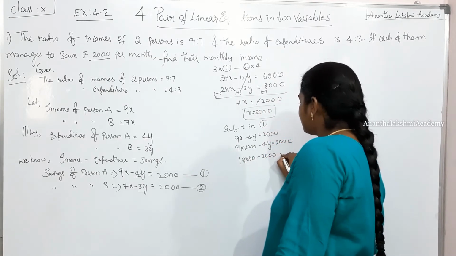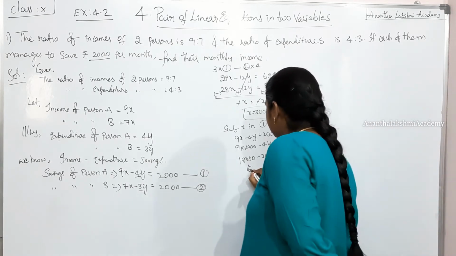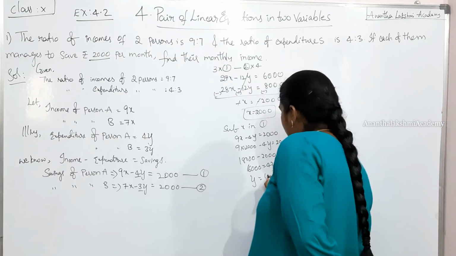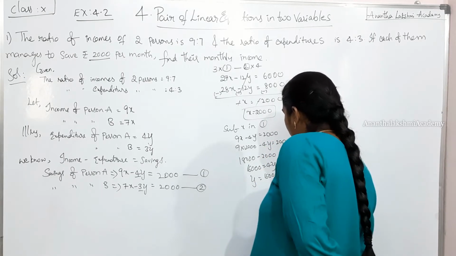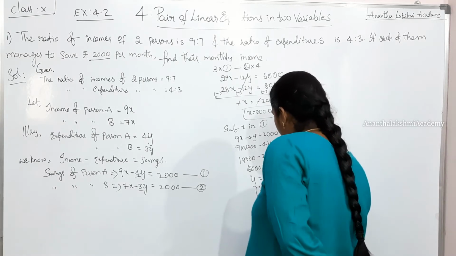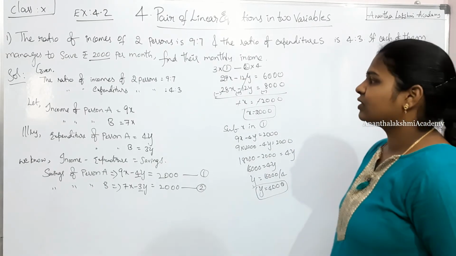I am going to send this 4y the other side such that 2000 comes here. So this is 16,000 is equal to 4y and y is equal to 16,000 divided by 4, which is nothing but 4 4s are 4,000 rupees.